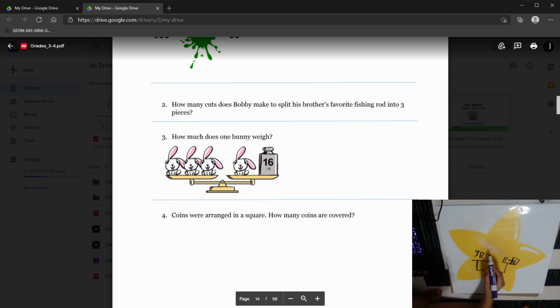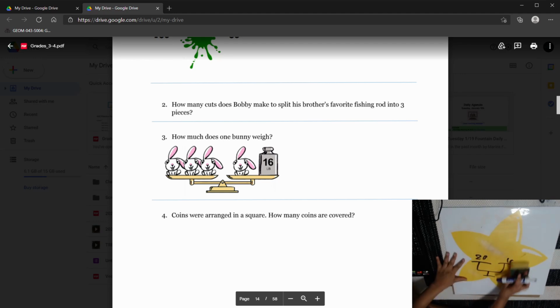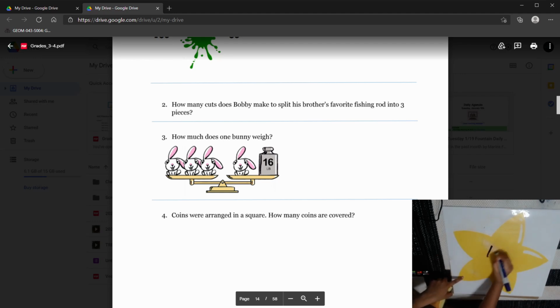So when we subtract 3b minus 1b, we would get 2b. So we know that 2b, which is 2 bunnies, weigh 16 pounds. If we bring 2 to this side, then that would be 16 divided by 2, and we would get 8. So 1 bunny weighs 8.